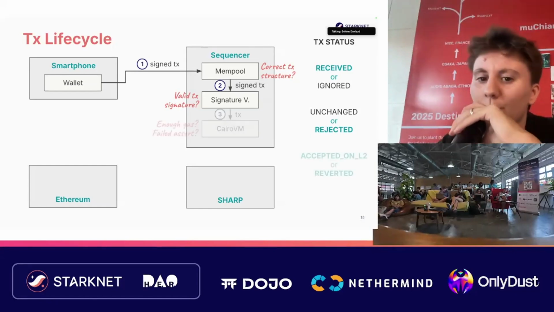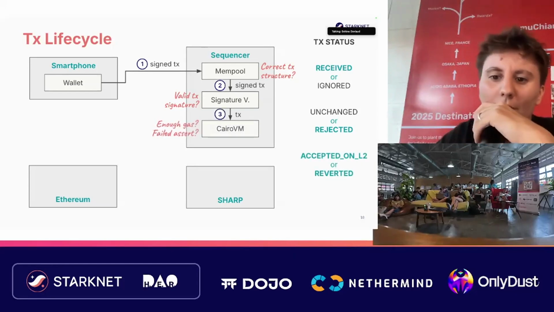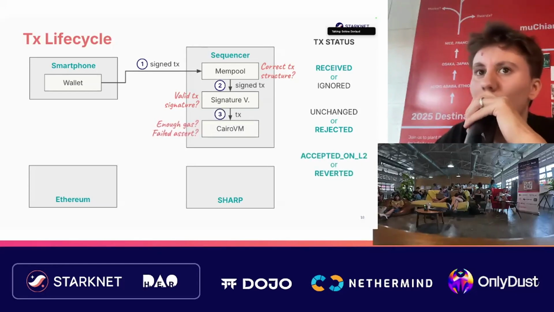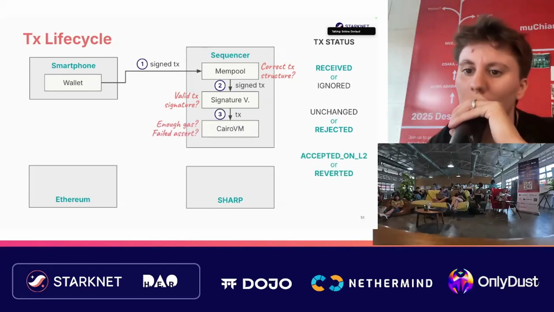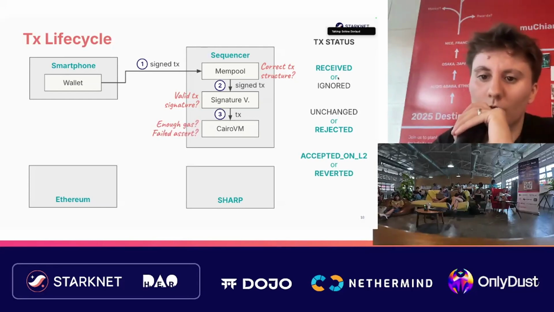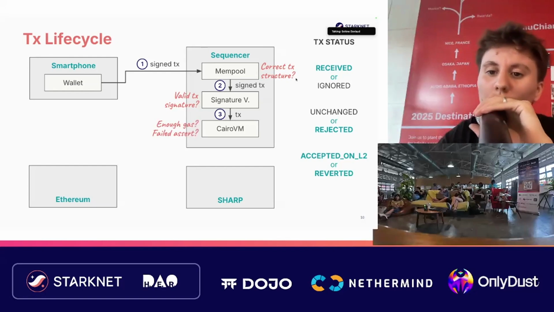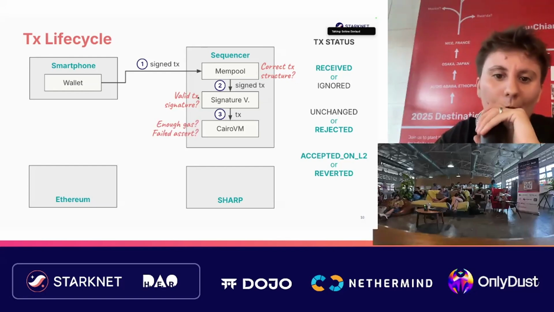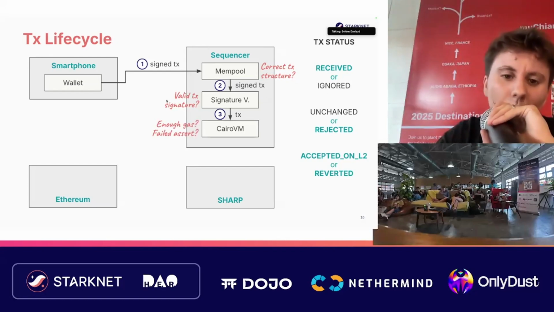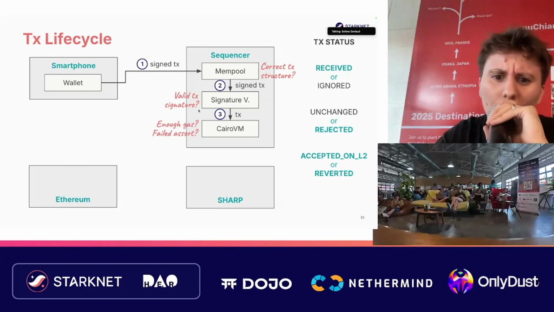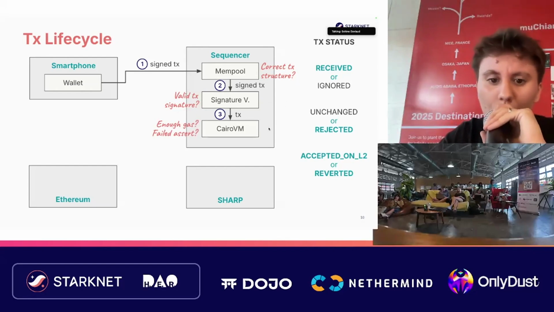And we can continue the process if the state is unchanged. In fact, we have different statuses. Received is when the structure of the transaction is correct. We have the signature valid, so it's unchanged, and you can continue the process.